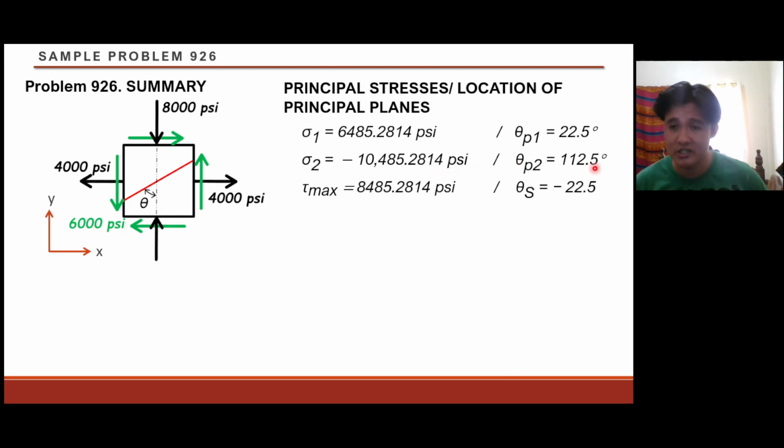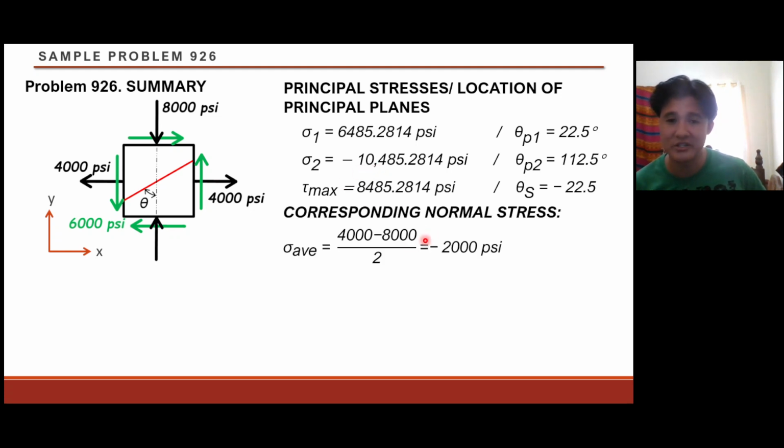Tapos yung location niya, that is 112.5 degrees from the vertical axis of our stress element. At syempre, meron yung nakuha nating shear max, that is equal to 8,485.2814 PSI. Tapos yung location niya ay negative 22.5 degrees from the vertical face of our stress element. Okay? And yung corresponding normal stress natin, that is 4,000 minus 8,000 all over 2, and that would give us negative 2,000 PSI.